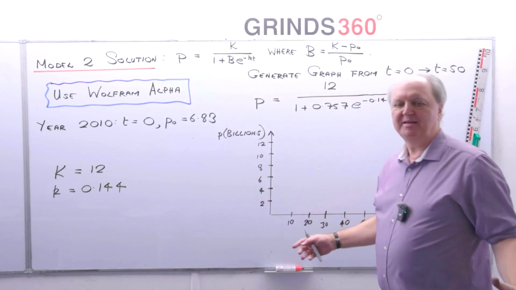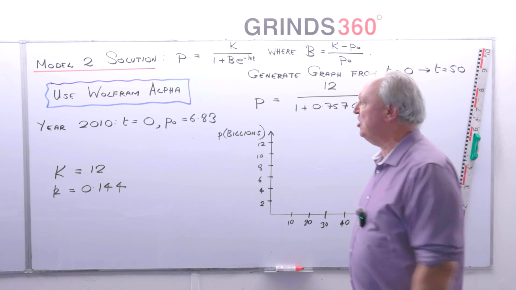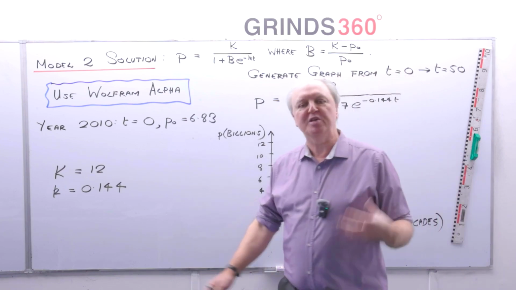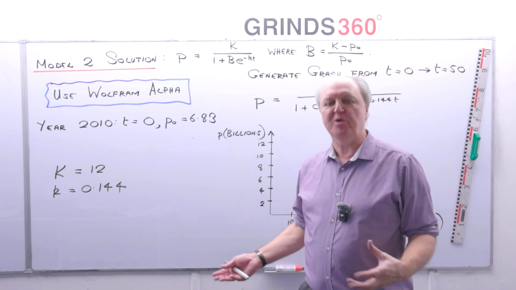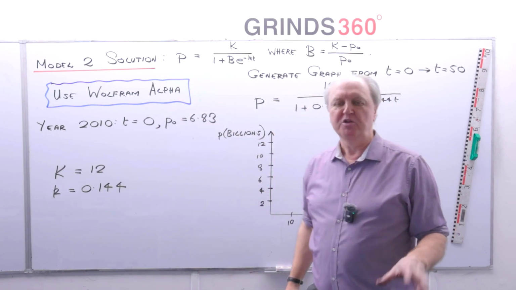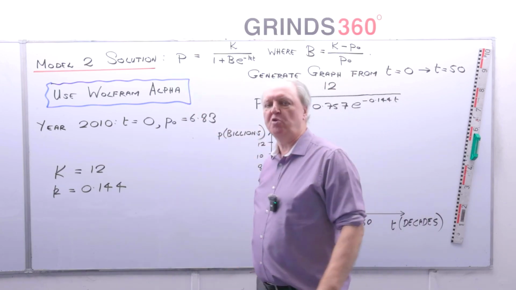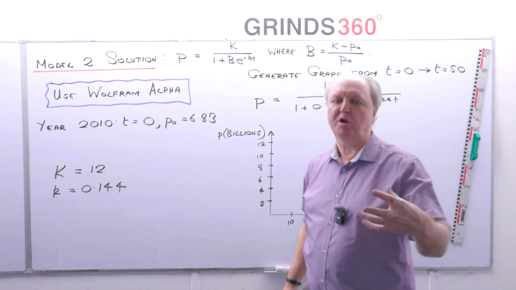Now, I don't want to draw that graph myself. I'll be here all day generating the results. So I want you to use a little bit of software as well in your project. And I'm going to use something called Wolfram Alpha. So that's freely available. Just type Wolfram Alpha into Google and the free version of it will come in.